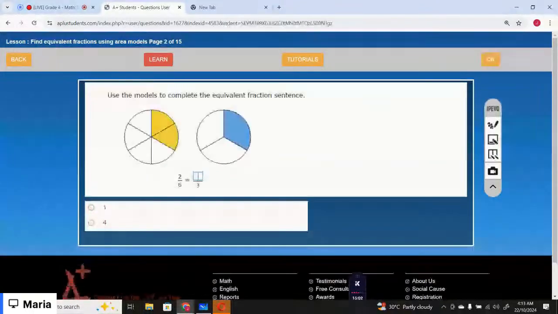Use the model to complete the equivalent fraction sentence. 2 out of 6. The total portions are 6, 2 of them are colored. So for the second one, the total portions are 3. How many of them are colored?